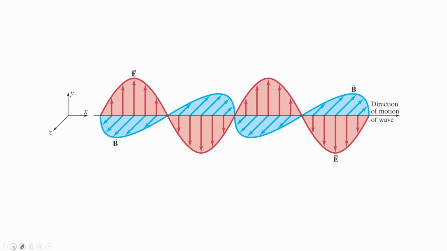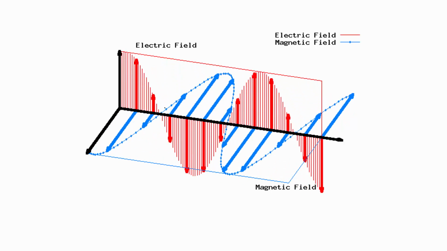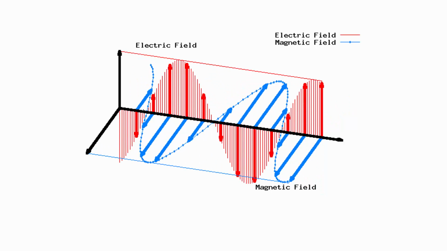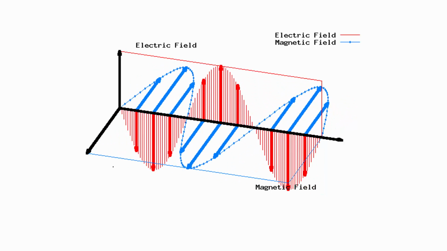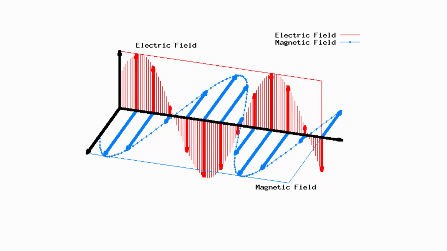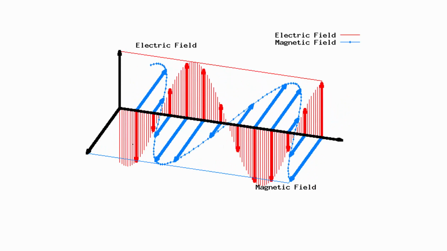And so it would be self-propagating. To animate it, it would look something like this, where if you look at a single point here, the fields are going up and down and in and out at that point, and it propagates off in that direction. And so he called this an electromagnetic wave, because you have an electric field and a magnetic field self-sustaining. Pretty cool.